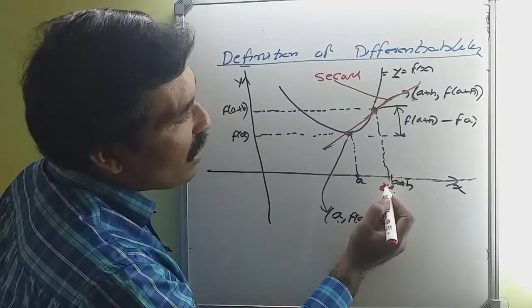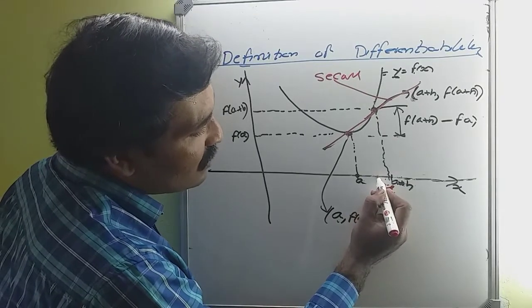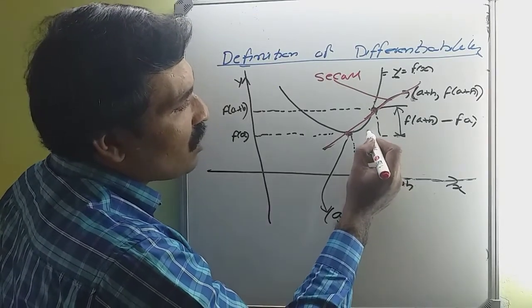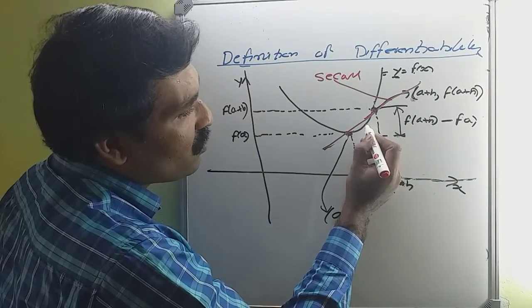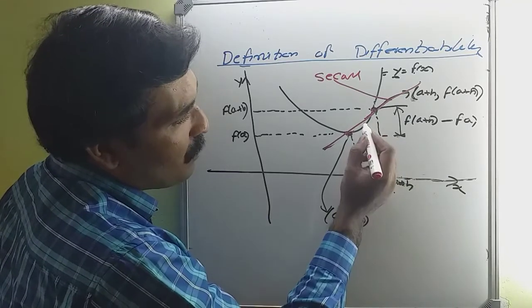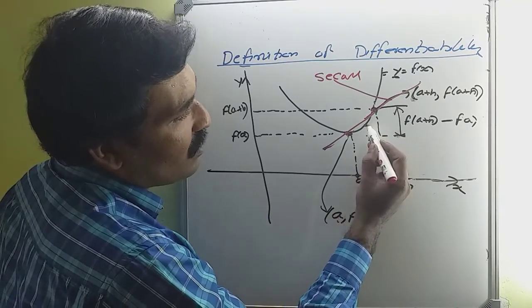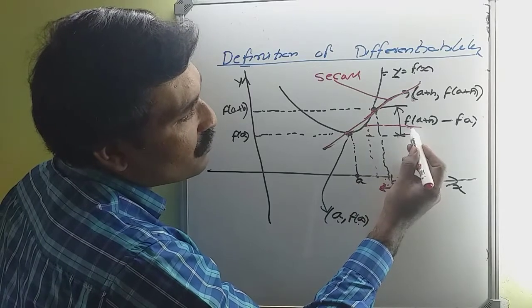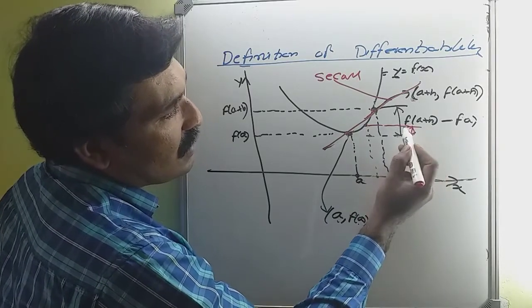So what happens to the value of the function? At this point, this is our f of a plus h and this is f of a. So this height decreases.